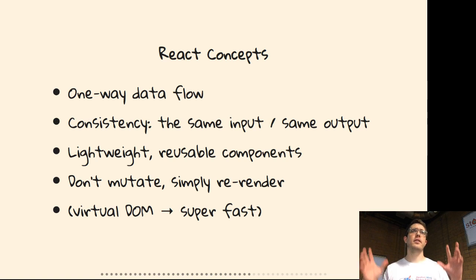These are just the React principles. This is what they want you to do, and it makes a lot of sense. This is how they built the library. Don't mutate in place. It's always faster to just re-render something, because it's using this virtual DOM, which we'll go over more.